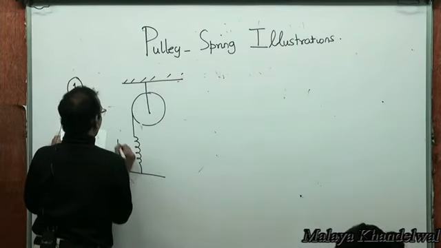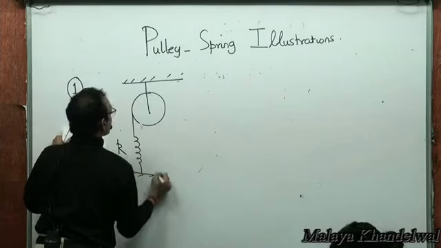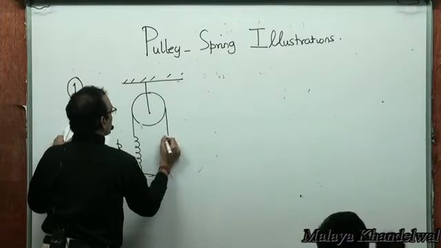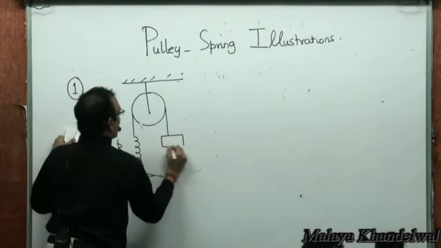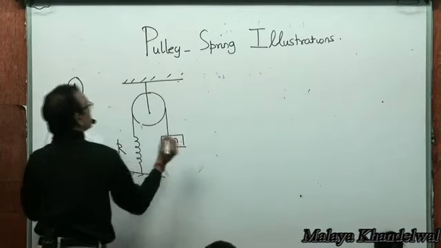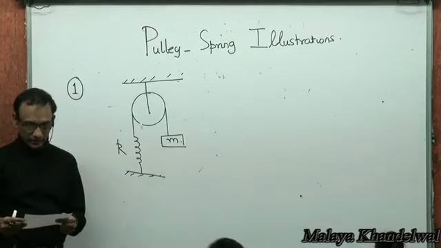There is a spring of force constant K passing over a pulley with a mass M attached to one end. Mass M attached to one end of the spring.